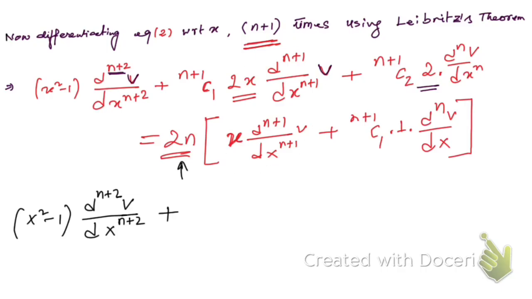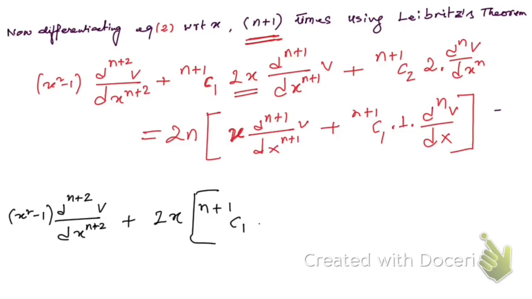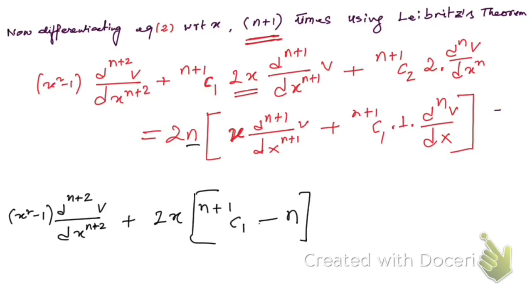Okay, and doing so, here you see, we're going to have x, n, as we don't have any n in this term, so here we're going to have minus n. When this term is brought to this side, then it will be negative. After that we are taking common n plus 1 v, right? So hope you have understood this.